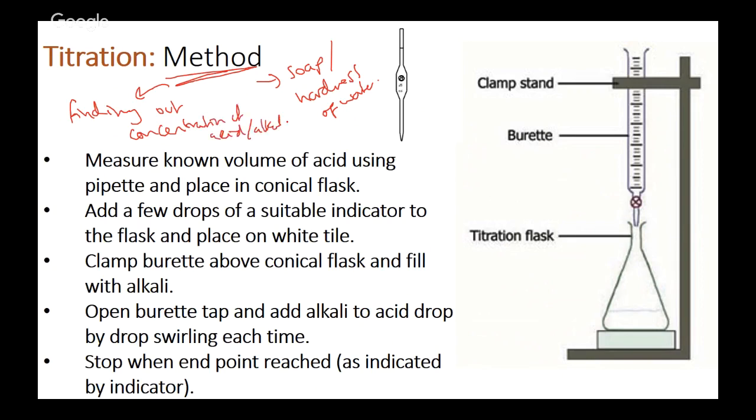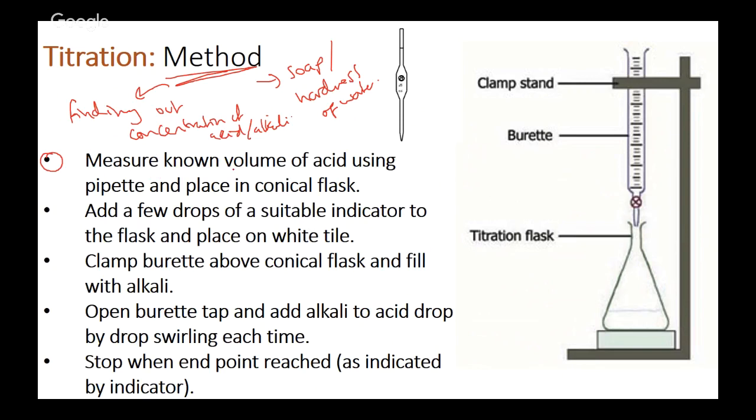So this method here I'm using to find out the concentration of an alkali, because I've put the acid in the flask at the bottom. So this method here is one that you'd need to know to write out a method question for a titration.